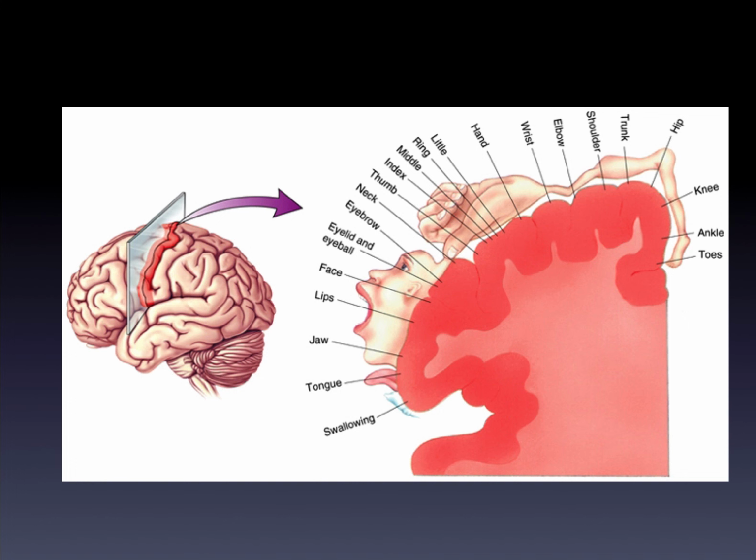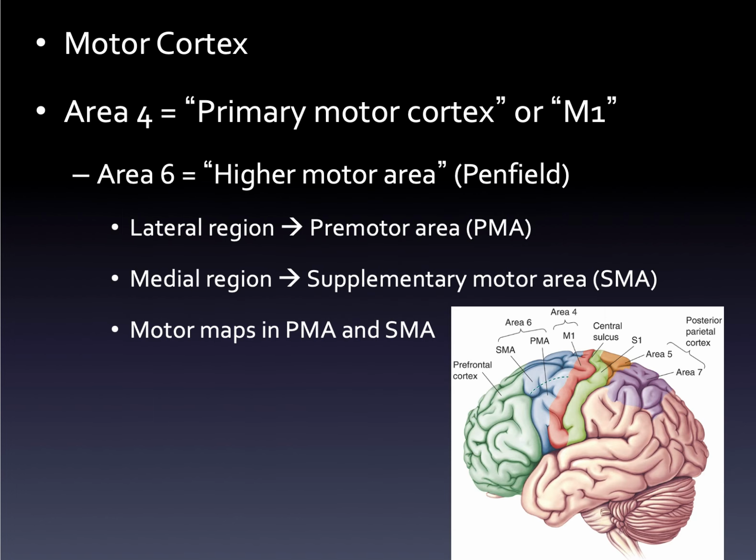So let's review what we've learned so far about these areas of the motor cortex. We have area 4, called the primary motor cortex, or M1. As we'll learn later on, despite the fact that we have direct output, as I discussed earlier, from area 6 to certain motor units, the output from area M1 seems to be the strongest, the densest, the lowest threshold for activation.